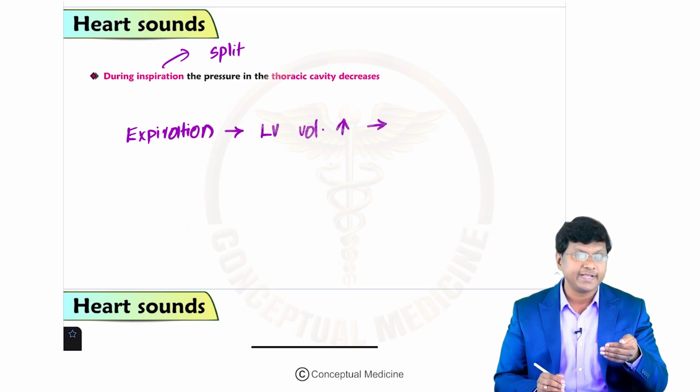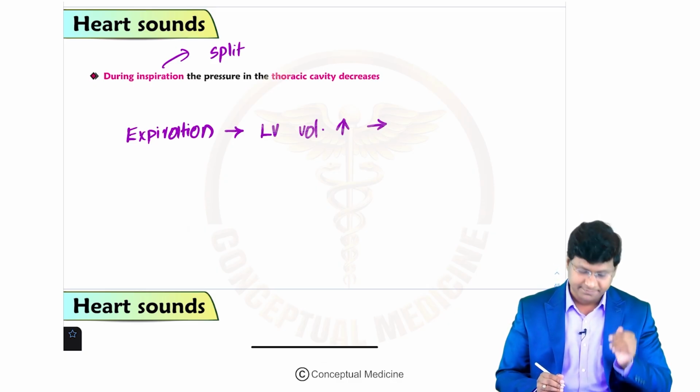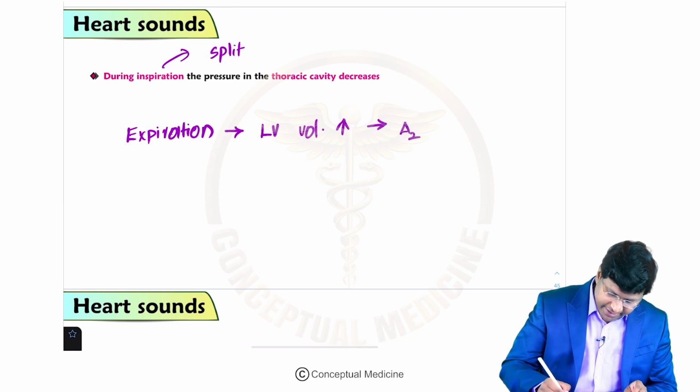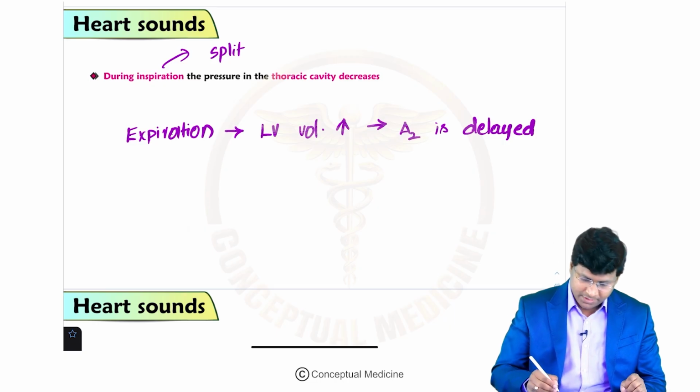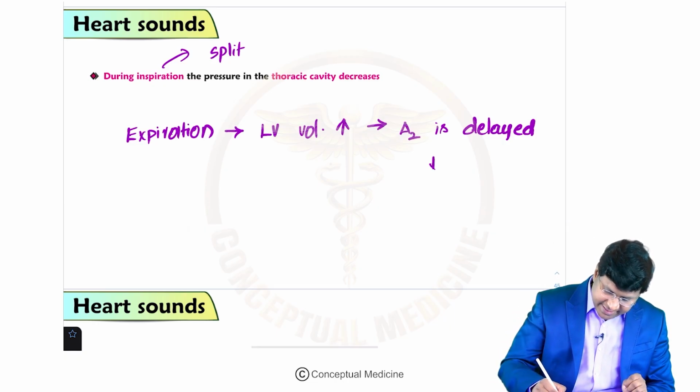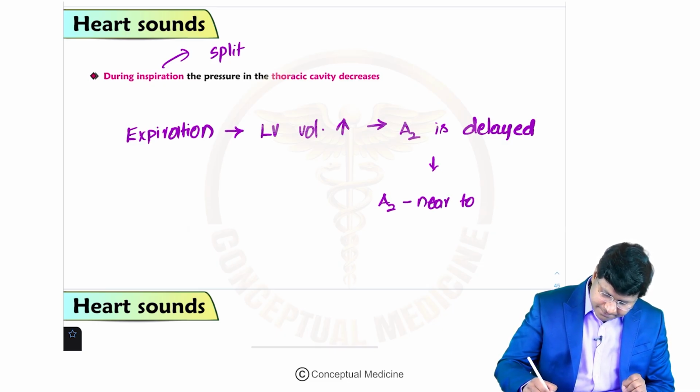So thereby what will happen to your A2? A2 is delayed. Right? The A2 is delayed. So as the A2 is delayed, A2 is heard near to P2.